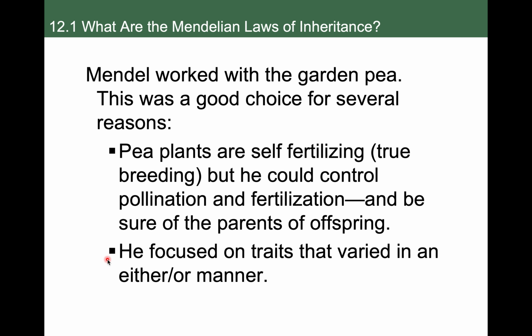But he basically threw those out and he said, okay, I'm just going to look at the flower color because whenever I look at pea plants, they always either have white flowers or purple flowers. There's not like 10 different flower colors. And I'm just going to look at the shape of the pea pod. It's always either smooth or it's wrinkled. So he just picked things like that where there was basically just two different characteristics for that particular trait.